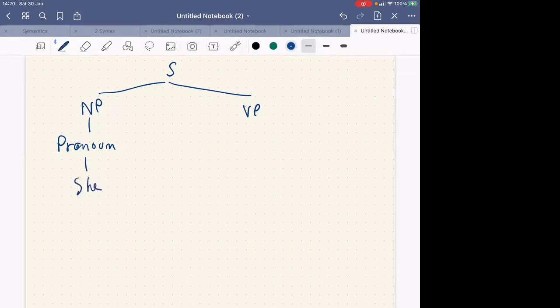she. And for the VP, we will have V for the verb saw and the NP for the man with a telescope. So the NP here would have two branches, the NP and PP.